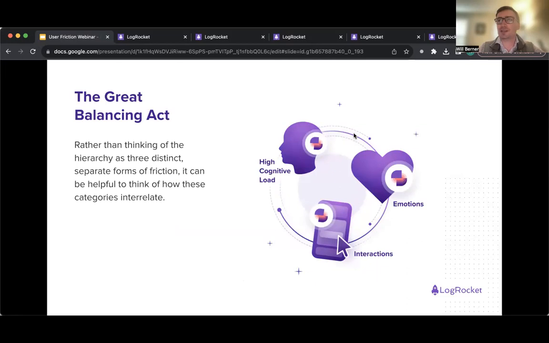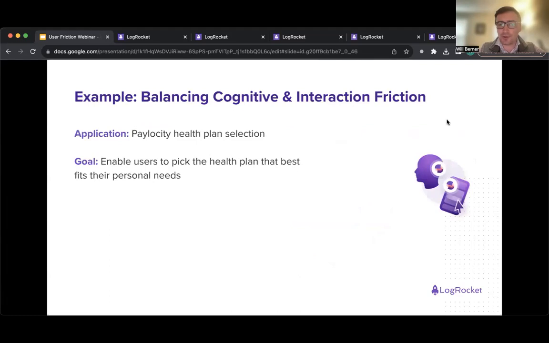And it won't always be as simple as just removing interactions or completely deleting parts of your application that cause the user to have an emotional response or strain their brain with a high cognitive load. So let's look at a couple of examples of how these various flavors can actually be balanced. So some practical examples.